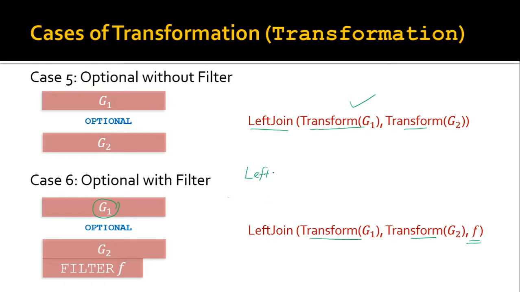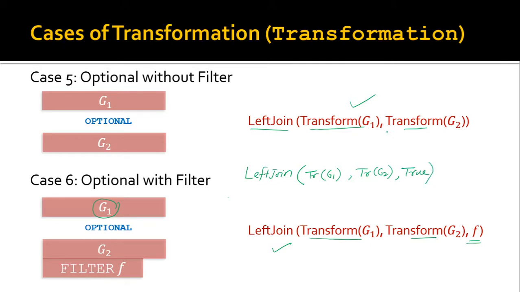This is how. So we have this left join, and say tr G1 and tr G2 followed by f, and this f will be the filter condition that you have put here for this case, but for the other case you can always put it to be true, right?